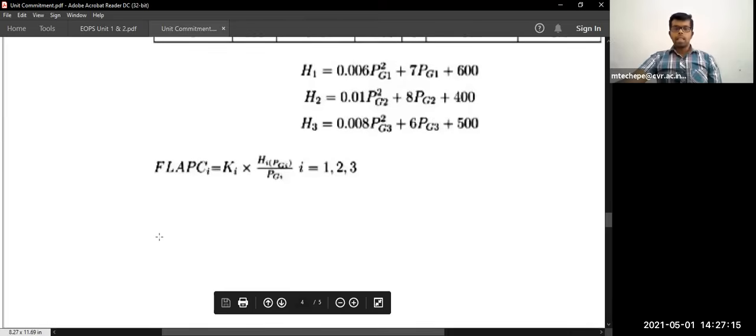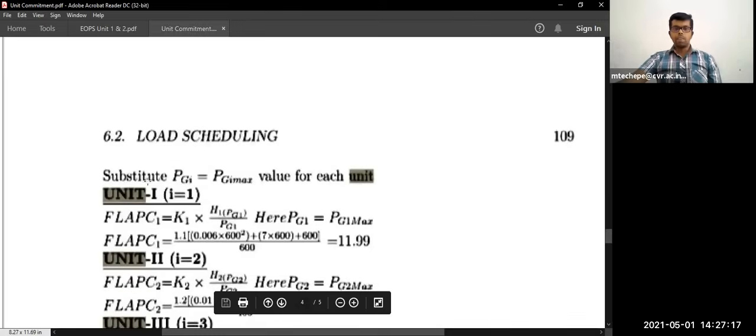Again, we have to calculate FLAPC. First, we calculate FLAPC for the three generating units by substituting PGi as the PGi maximum value for each unit. What is the formula for FLAPC? FLAPC i is equal to Ki into Hi of PGi divided by PGi.